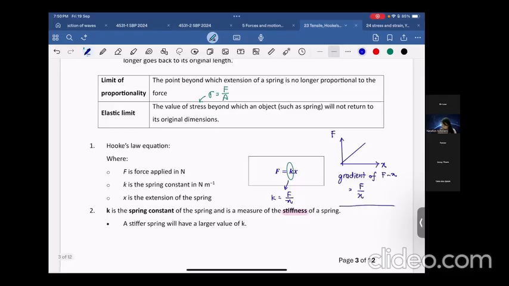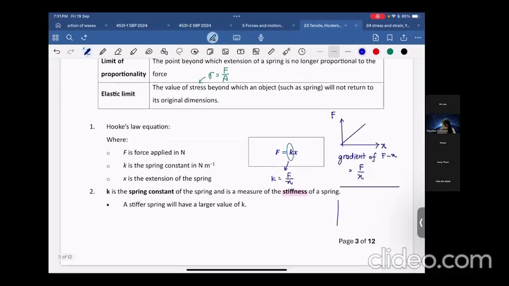Then just now I told you we have two ways to plot the graph. Not necessarily force on the y-axis or on the x-axis. So let's say now the graph is like this, here is force, here is x. We're talking about Hooke's law, so I didn't draw the curve part. Here I cannot say that the gradient of the xF graph is my spring constant.